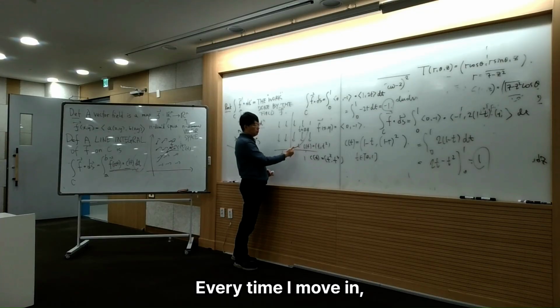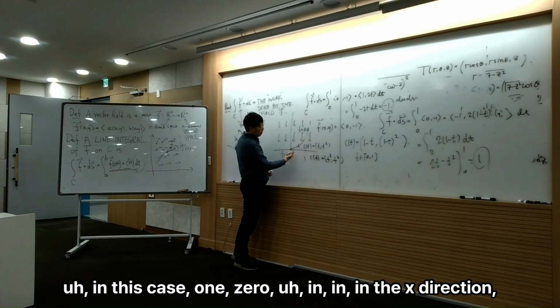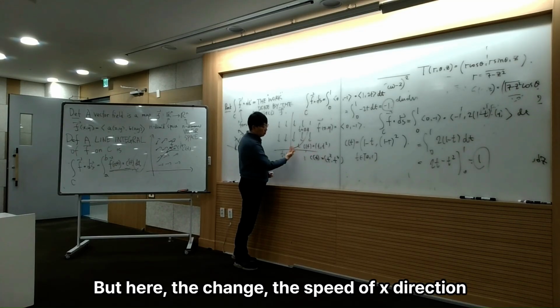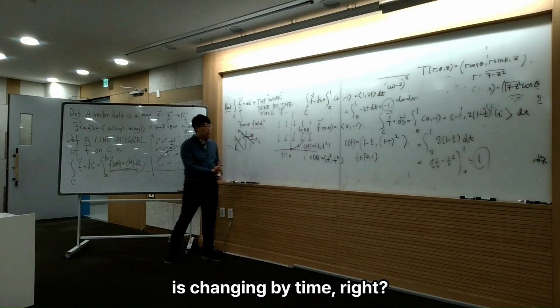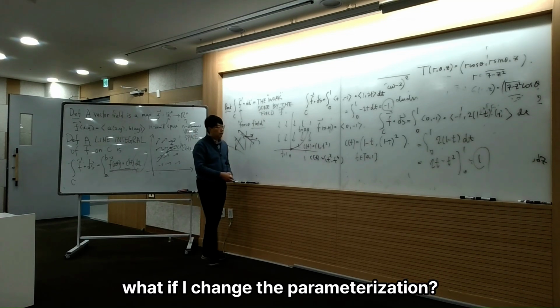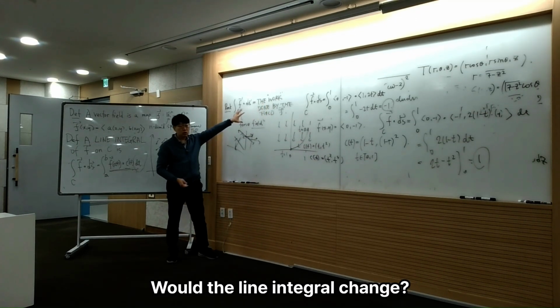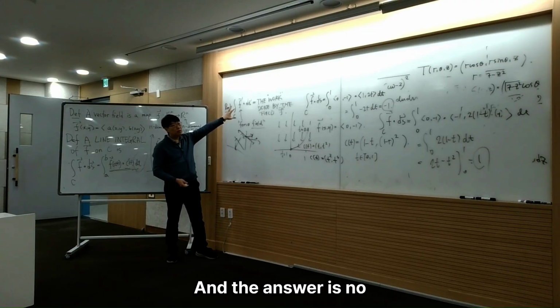In the first case, every time I move in the x direction, I always get unit speed. But here, the speed in the x direction is changing with time. So my question is, what if I change the parameterization? Would the line integral change? And the answer is no.